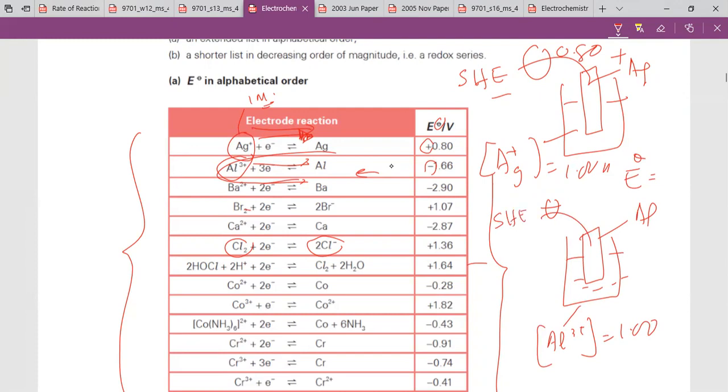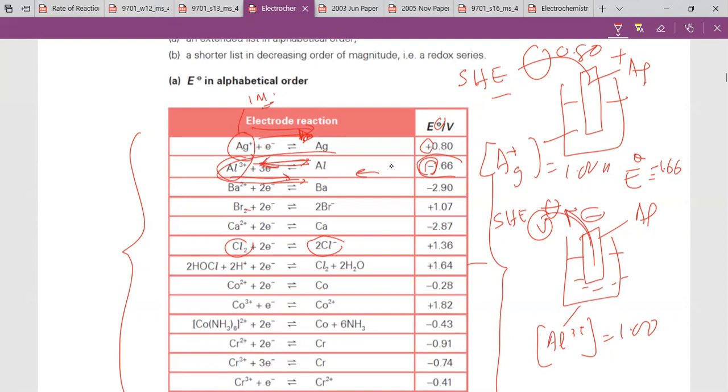And guess what's the reading here? 1.66 negative. Negative means aluminium is going to be the negative pole. That means it won't happen this way, it will happen the other way, which is true. It will just reverse. So the negative sign tells me everything I need to know, compared to the hydrogen electrode. Beautiful, isn't it? You understand or not?